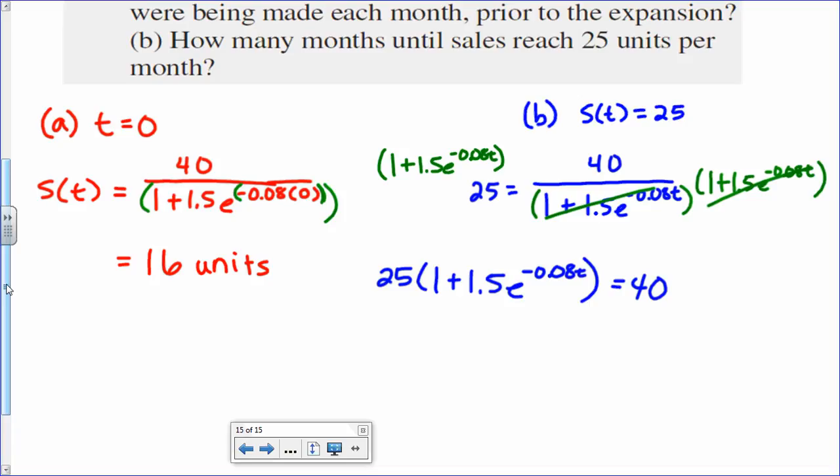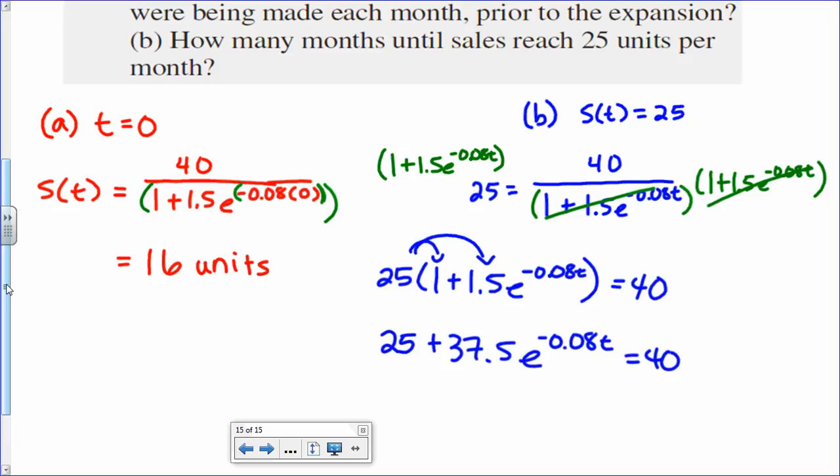So let's remove parentheses by distributing 25. 25 times 1 is 25. 25 times 1.5 is 37.5. I'm trying to get e by itself, so subtract 25 and then divide by 37.5.